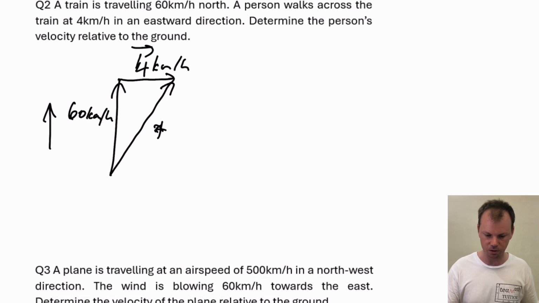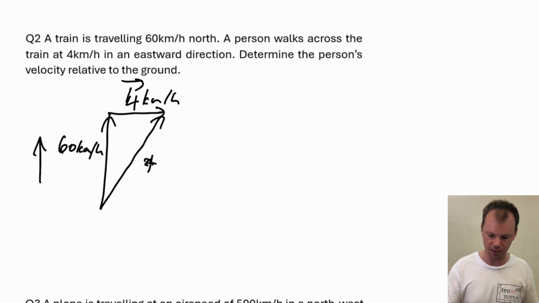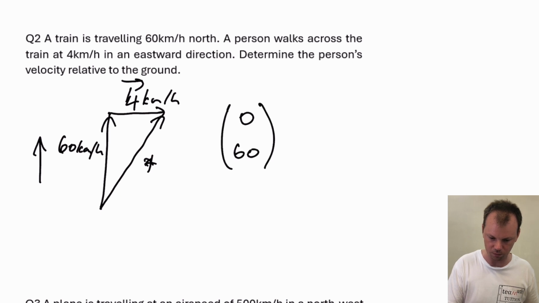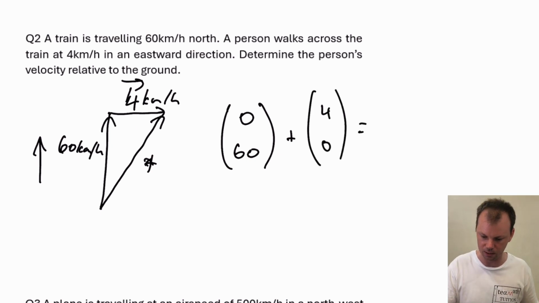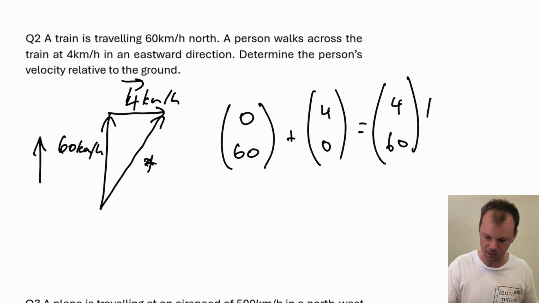So this turns out to be a simple addition of vectors problem. We've got (0, 60), that's our velocity of the train, plus (4, 0), the velocity of the person relative to the train. We get (4, 60). So that's their velocity.